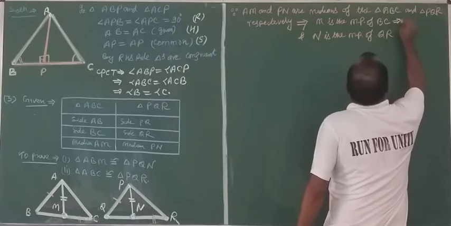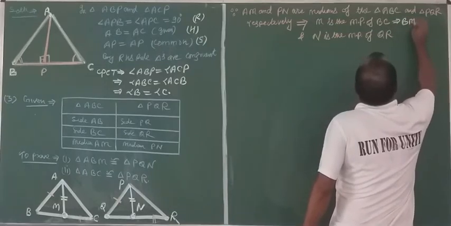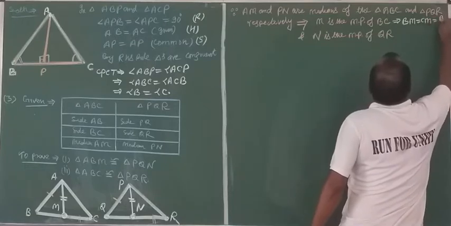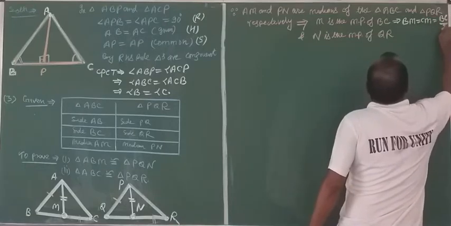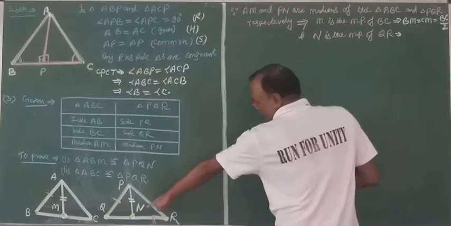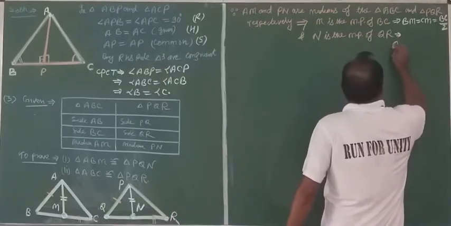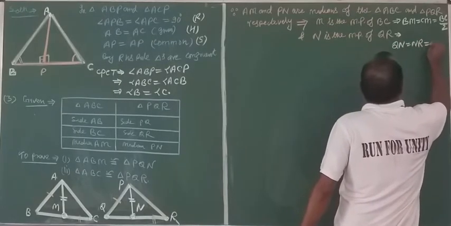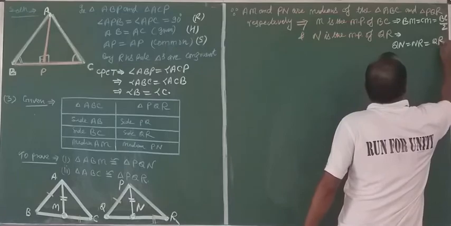It means BM is equal to CM, or is equal to what? Not BC, but BC upon 2. And this is the midpoint, it means QN is equal to NR is equal to QR upon 2.